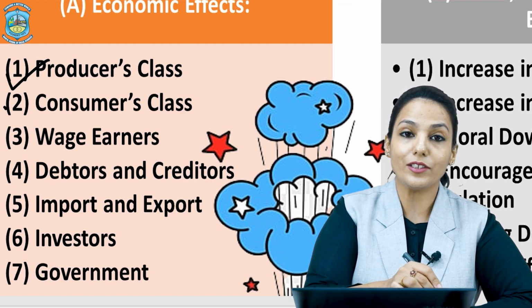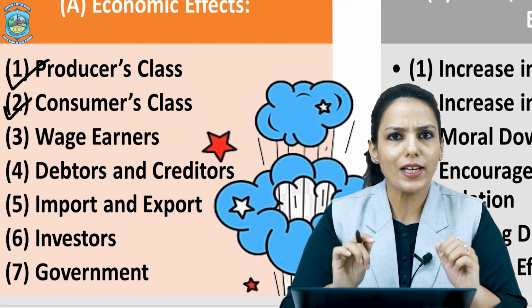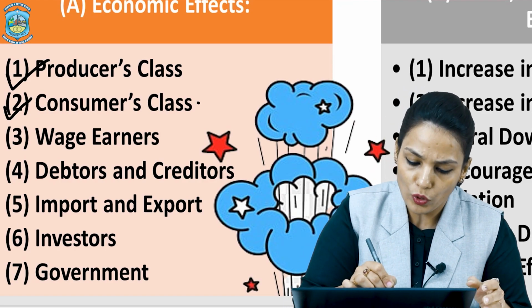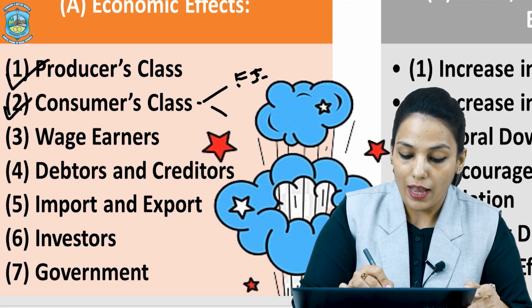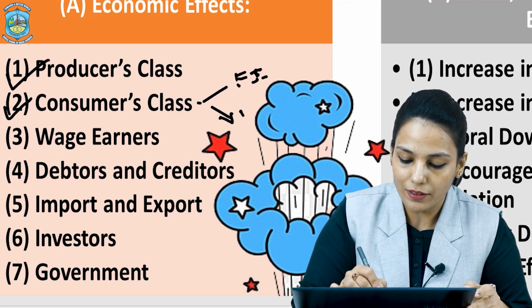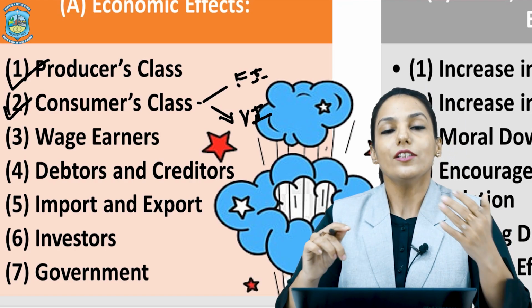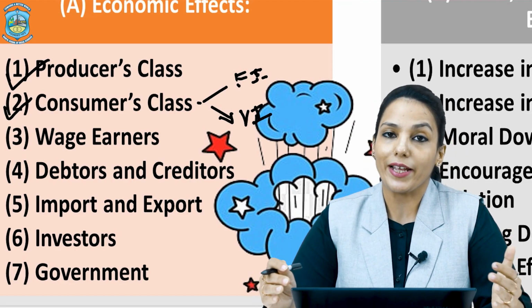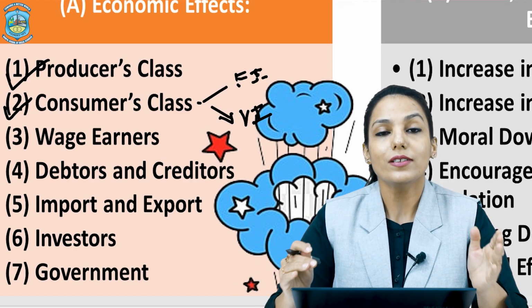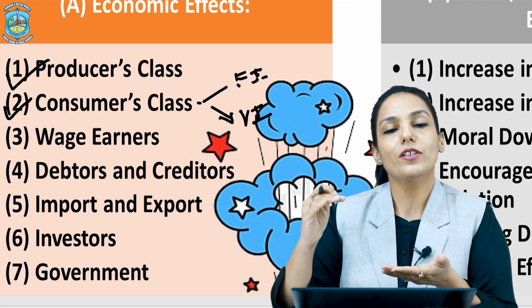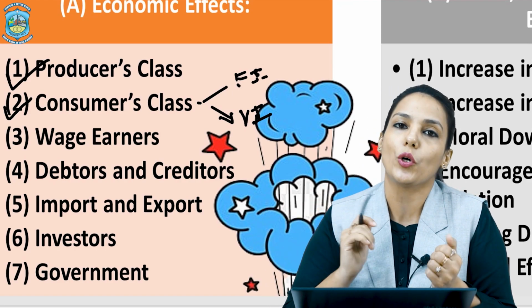Second comes the consumer class. The consumer class can be divided into two, one having fixed income and another having variable income. The consumers having fixed income, like salaries, suffer because the prices of goods and services are increasing, but their salary is not increasing.